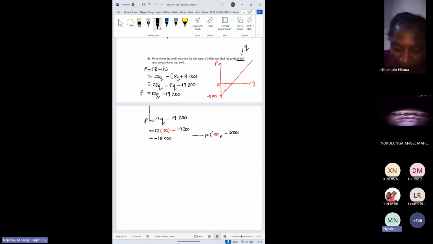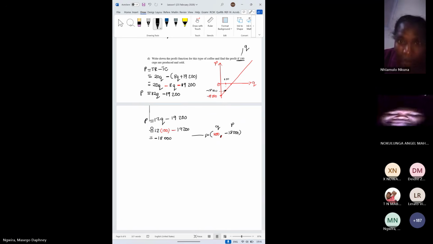So what does it mean for my graph? It means that if this was 100, then this is the point. This one will be negative 18,000. This is Q. This is P. Profit, not price. Is it fine?